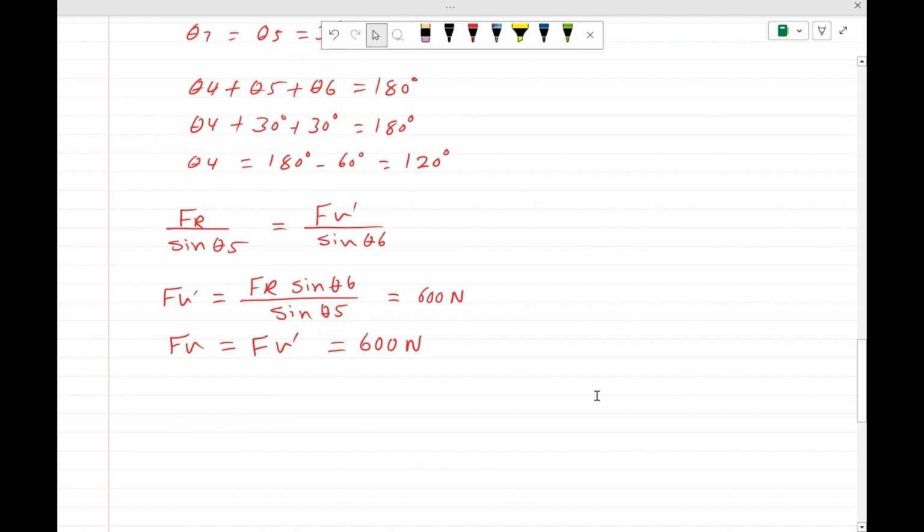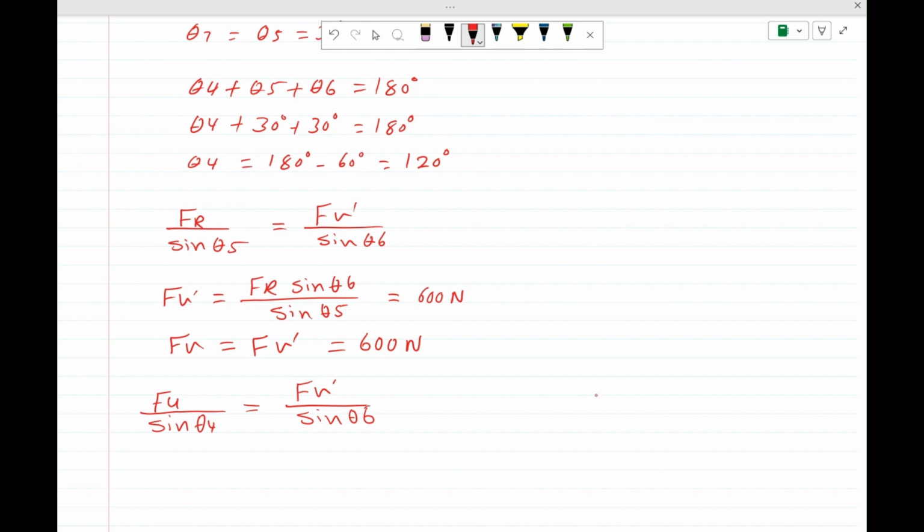Using the sine law again to find Fu, we can say Fu over sine theta 4 equals Fv dash over sine theta 6.